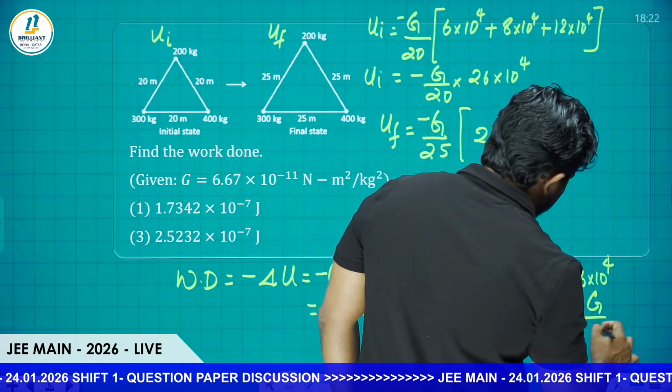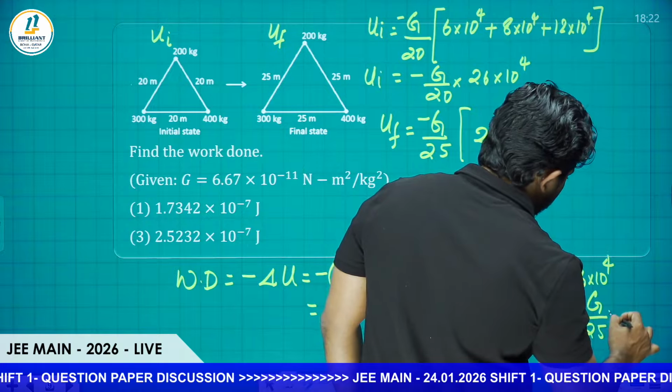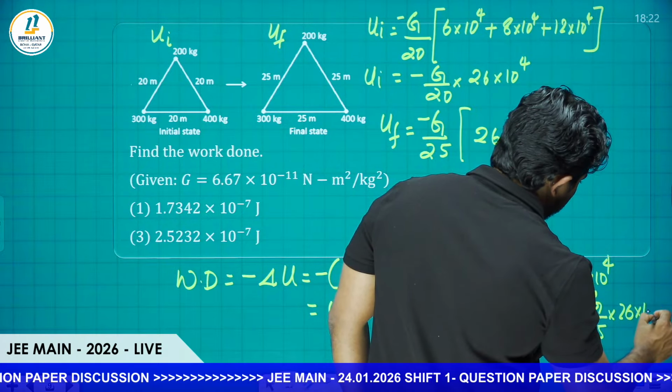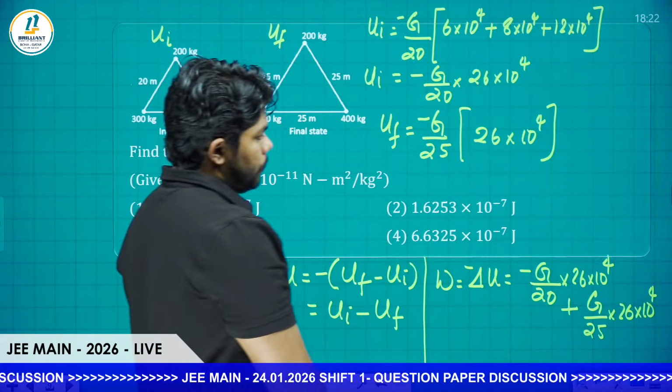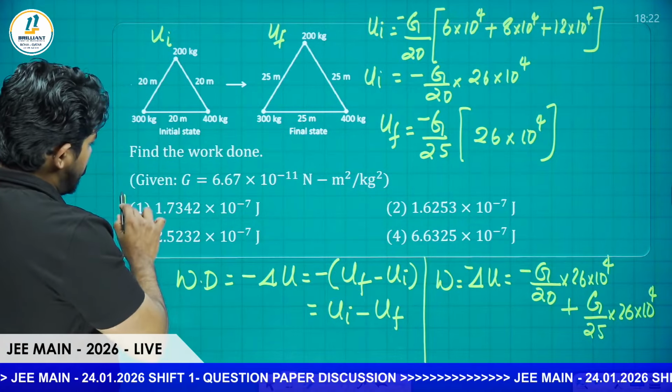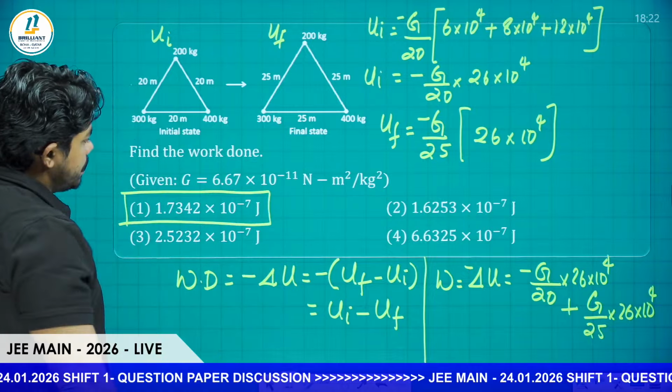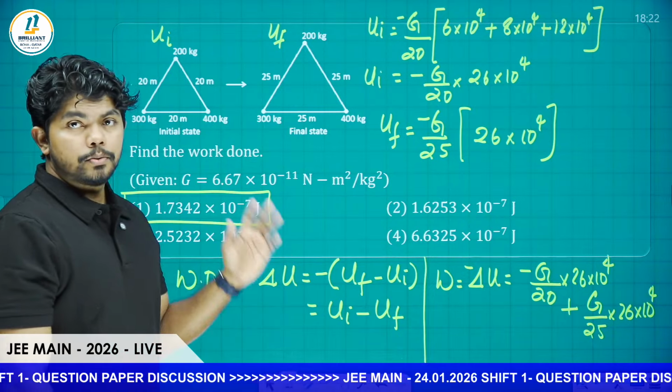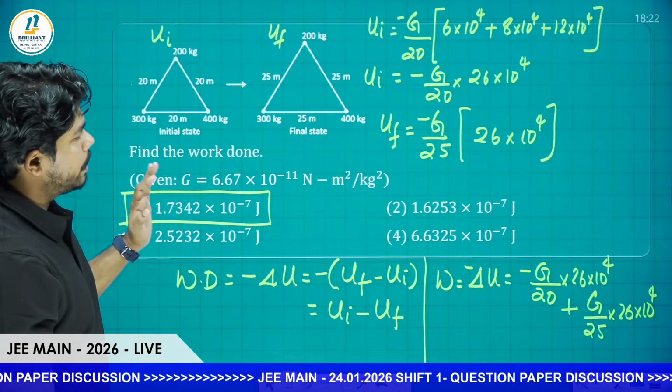So G divided by 25 times 26 times 10 raised to 4. So if you calculate that value, you are going to get something like 1.73 times 42 times 10 raised to minus 7 joule. That will be the value you are going to get.